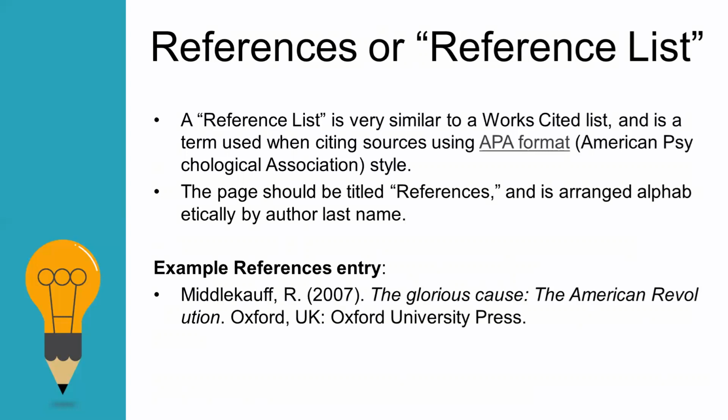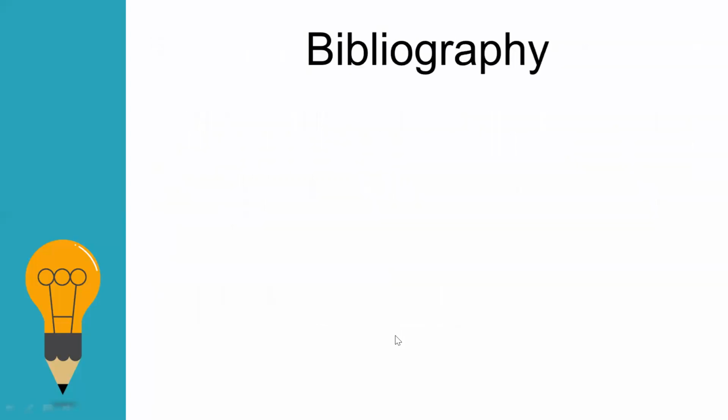Example references entry is Middlecoff R in the year 2007. So the year 2007 goes in the brackets, the title of the work, and then the book or the publishers and the press.